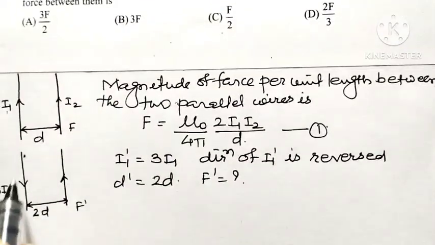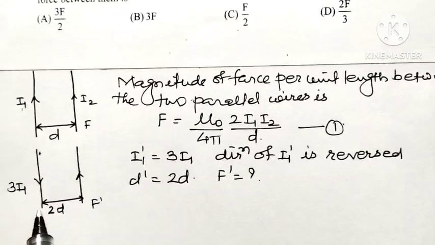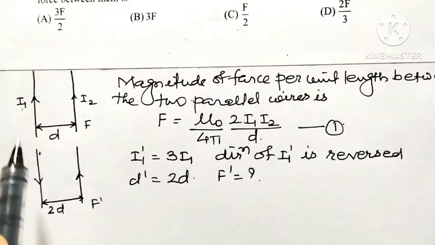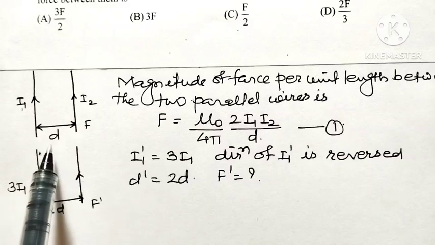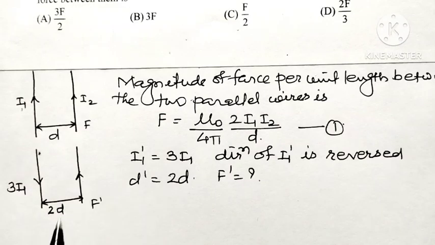Now the current in one of the wires is increased 3 times, that is I1 is made 3 I1, and the distance of separation between the two wires is made double, meaning d dash is equal to 2d. The original distance is small d, the new distance is 2d.